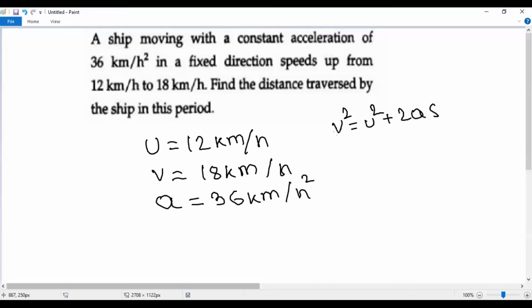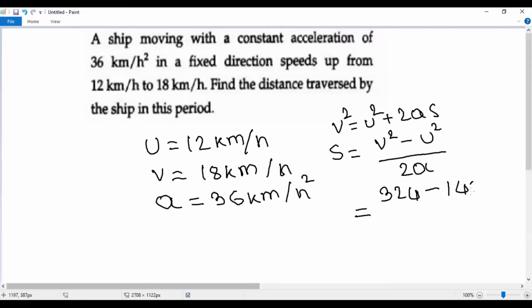So we have to find the distance here, so we can write s is equal to v square minus u square by 2a. Okay, so v square is equal to 324 and u square is equal to 144. And 2a will be 72.